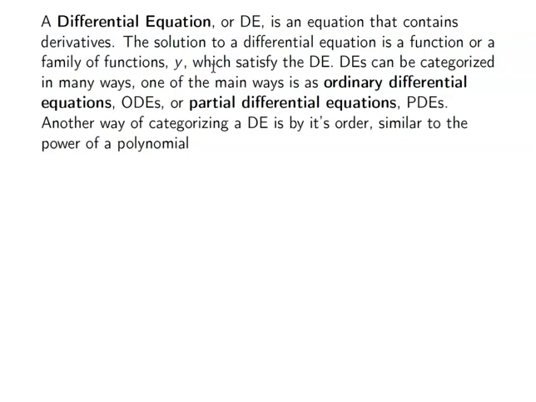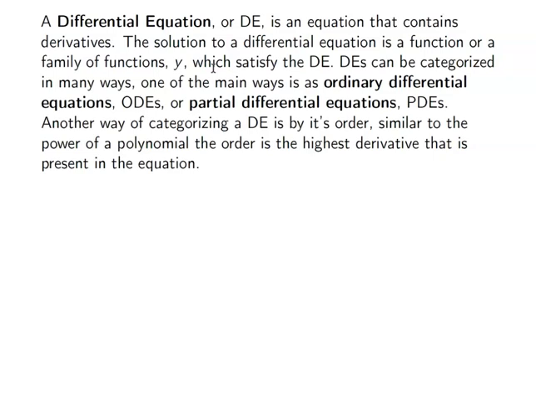The order is the highest derivative present in the equation. Okay, so let's look at an example. A first order equation will have its highest derivative that shows up be just the first derivative. So something like the first derivative of the function y plus that function y equals 2x.